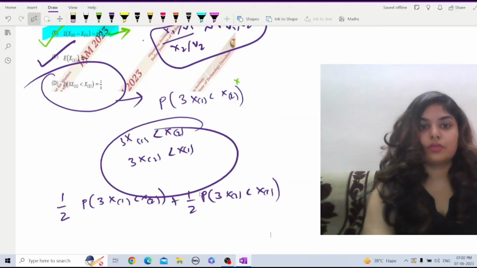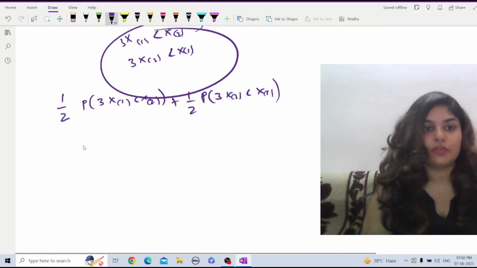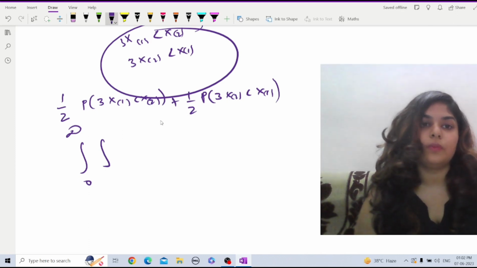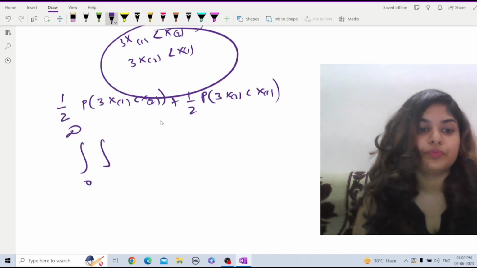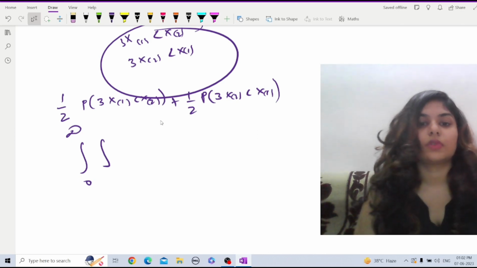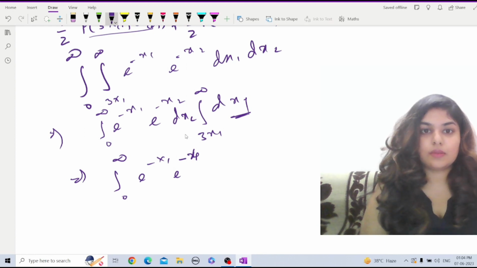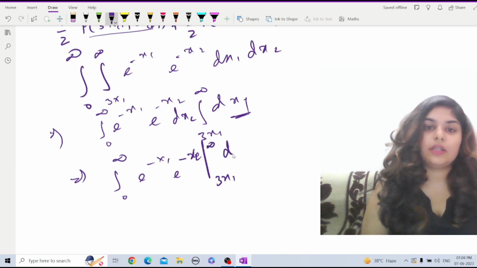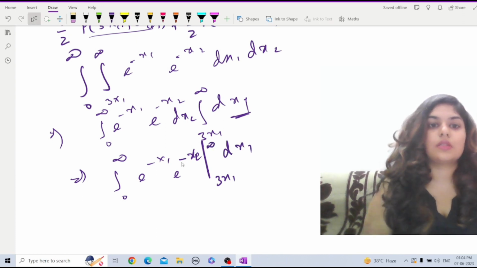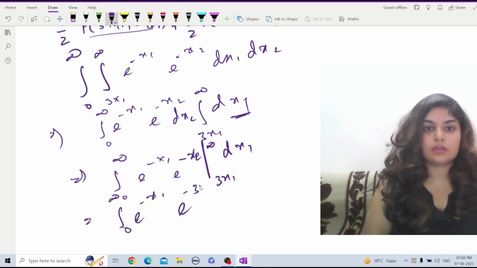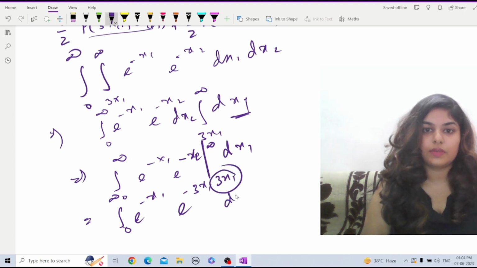Now if we go for this, we have to take 0 to infinity, and after integrating this part, we have 3x1 to infinity dx1. Now this equals the integral from 0 to infinity of e to the power minus x1 times e to the power minus 3x1 dx1.